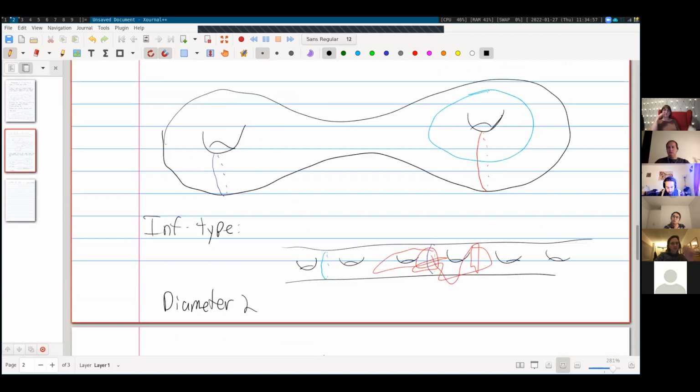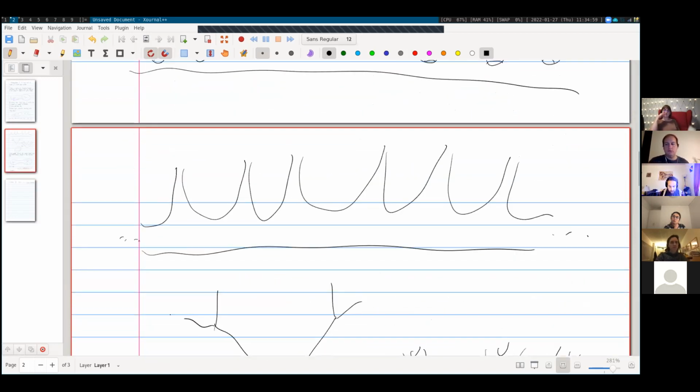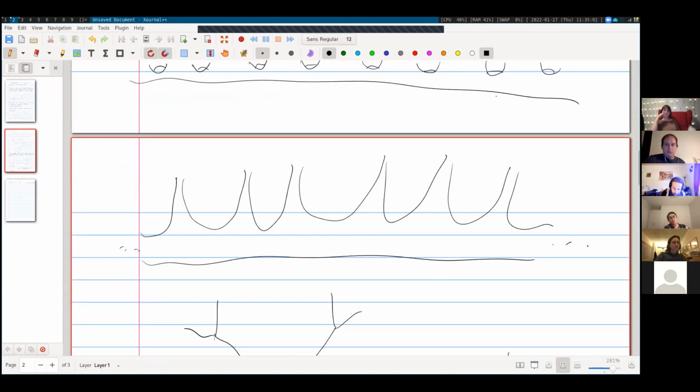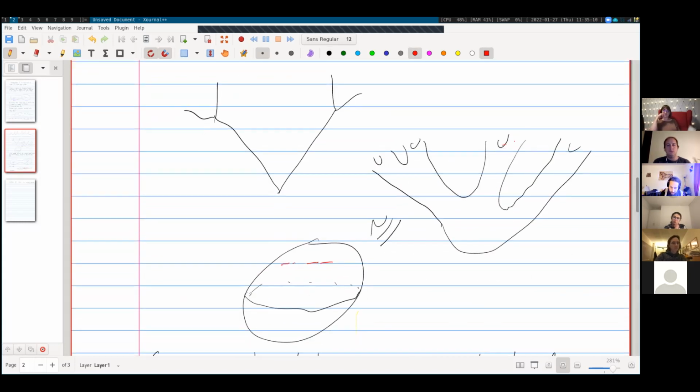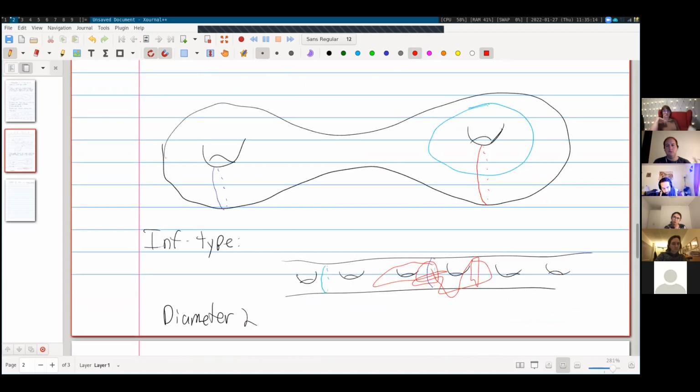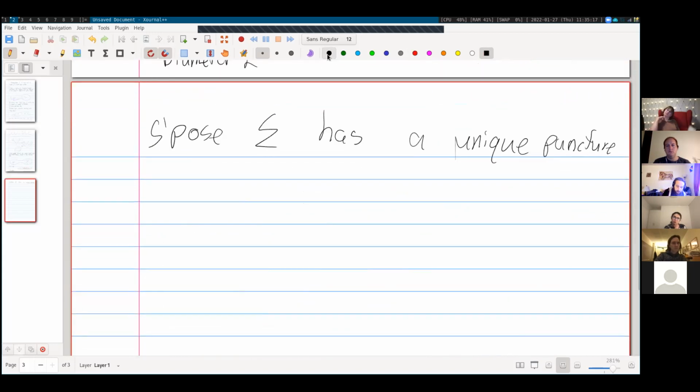Like these guys, that's a puncture, but not one of these infinite ends. Then we can talk about embedded arcs instead of curves that have their endpoints at that puncture.